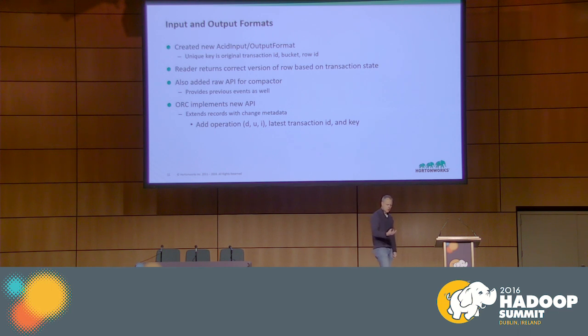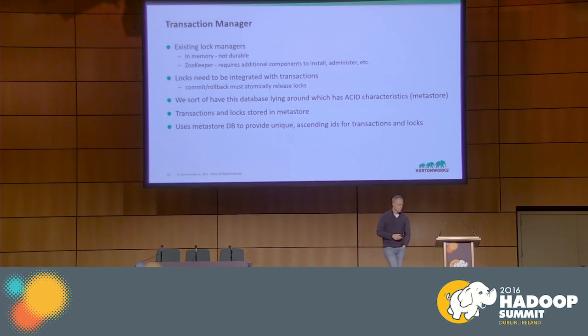And then the reader uses that information plus the information it was given by the metadata system on what its valid transaction set is to determine what version of the row to return. As I said, ORC implements this and adds that information into the data when it stores it.